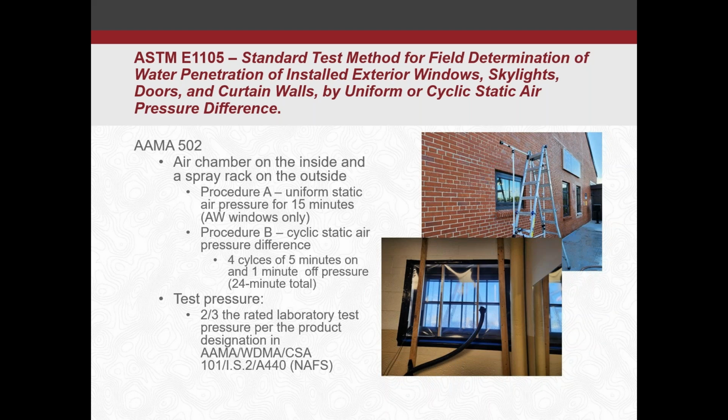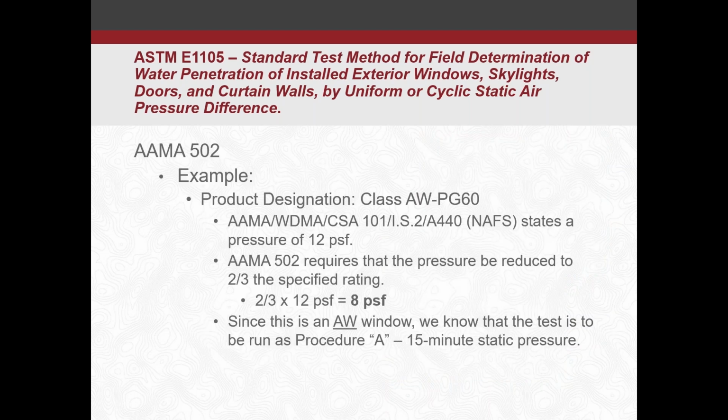Test pressure for this would be 2/3 the rated laboratory test pressure for the product designation in the NAFS document. So if we give an example of that, let's say the product designation class for this unit would be AWPG 60. NAFS document states test pressure of 12 psf.